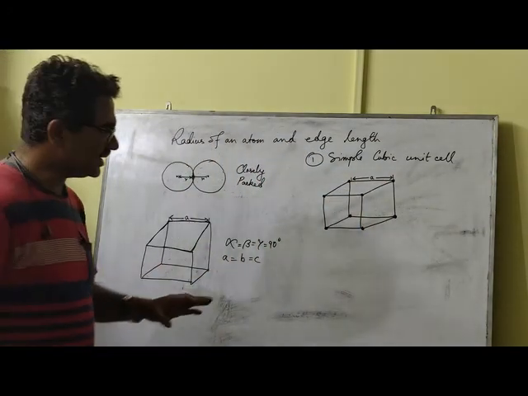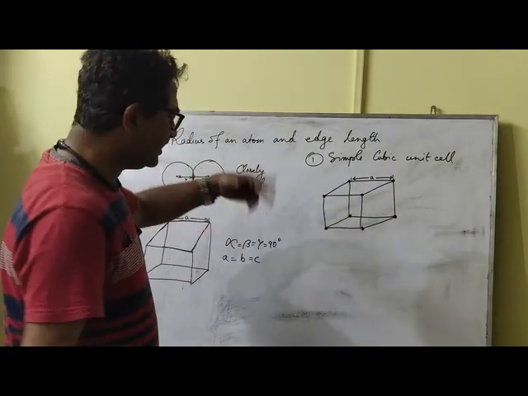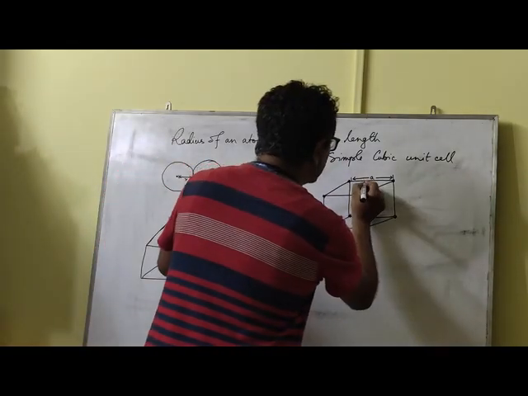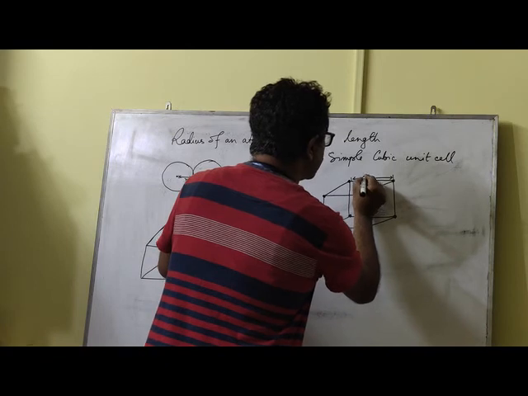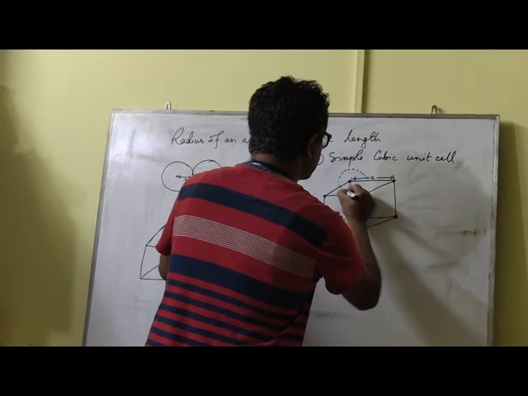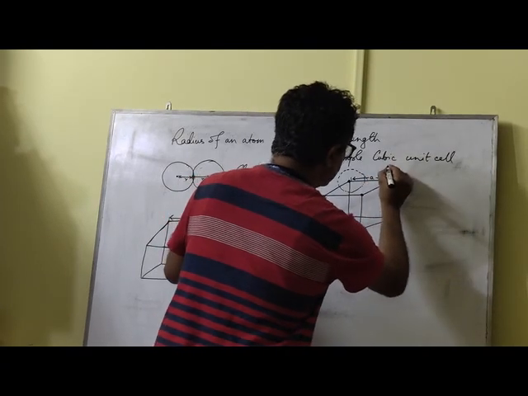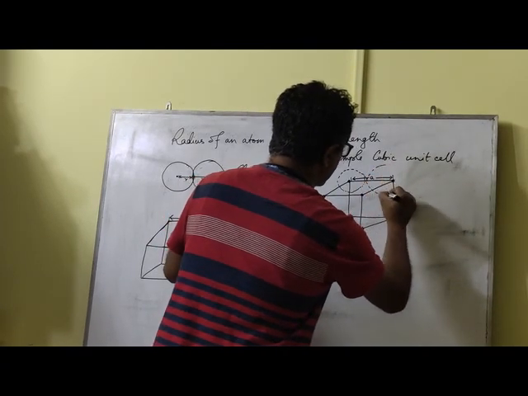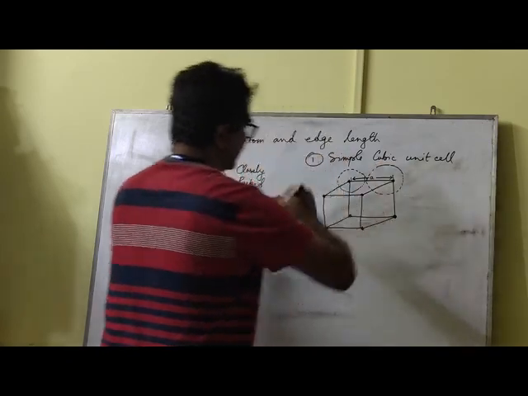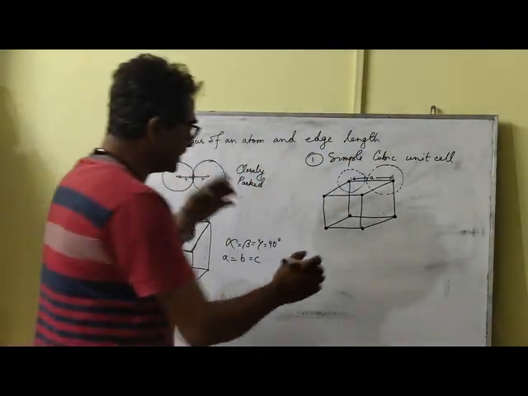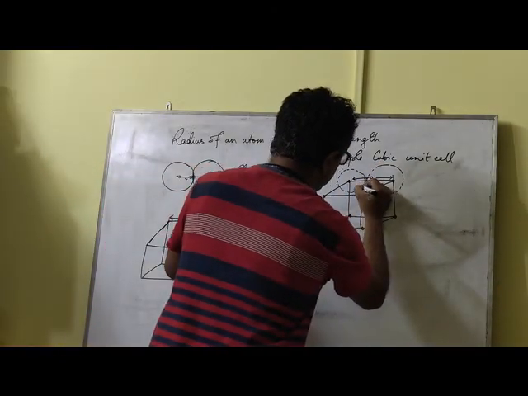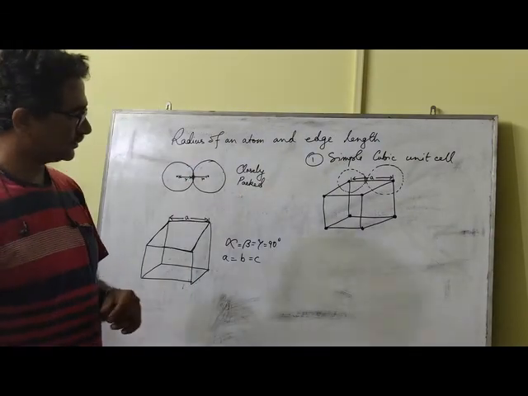And what I'm going to do is draw the entire atom out here, using dotted lines, more or less trying to draw a circle, and out here also we have an atom. They are closely packed, they are touching each other. You can imagine them touching each other.